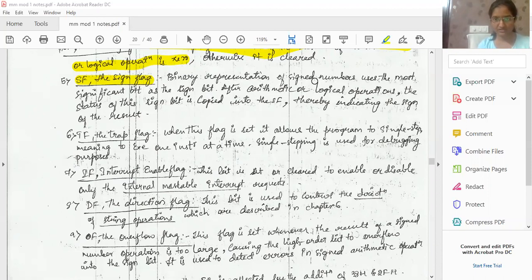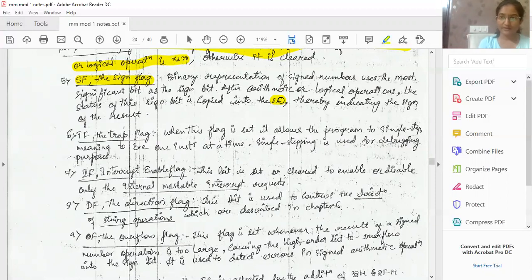Binary representation of signed numbers uses the most significant bit as the sign bit. After arithmetic or logical operations, the status of this sign bit is copied into the sign flag. After a particular operation, whatever bit is present as the most significant bit will be copied into the sign flag bit of the flag register, right?